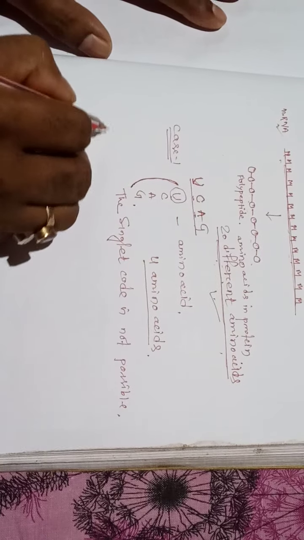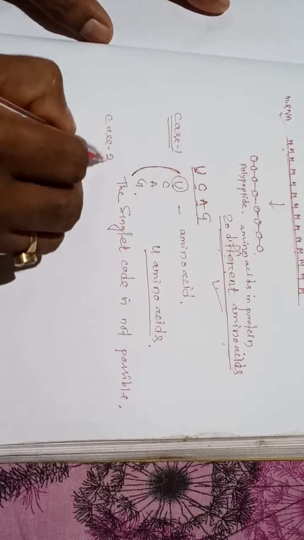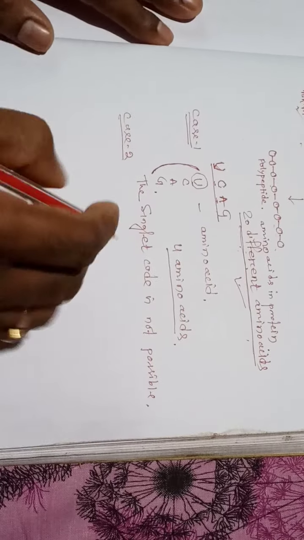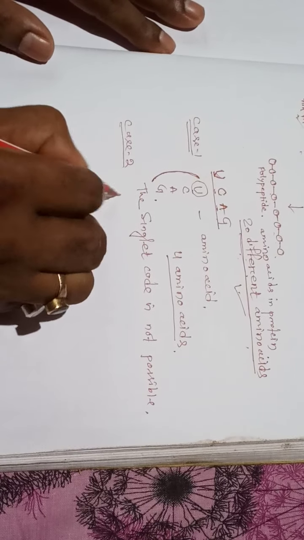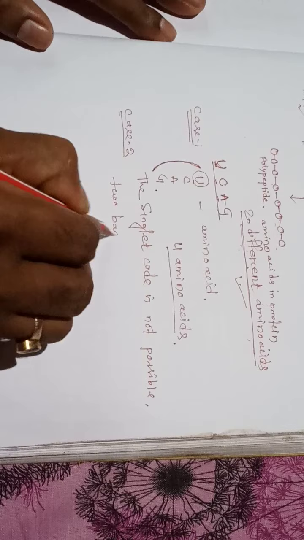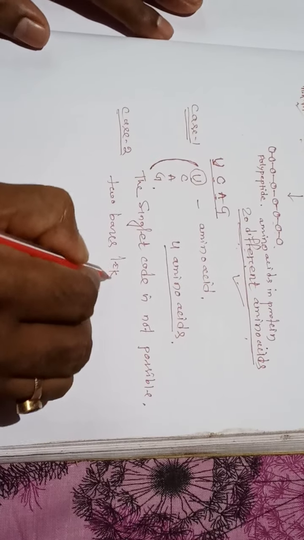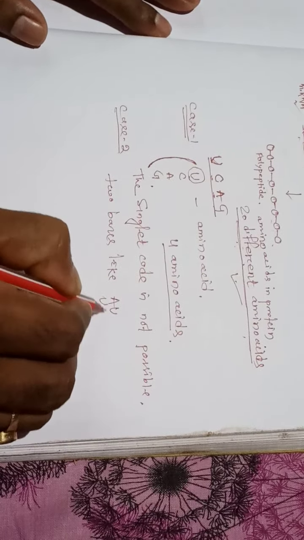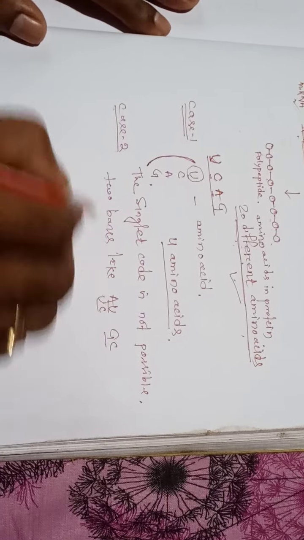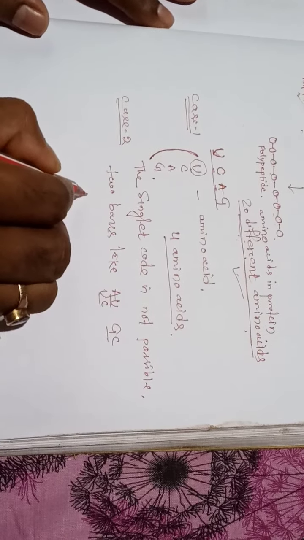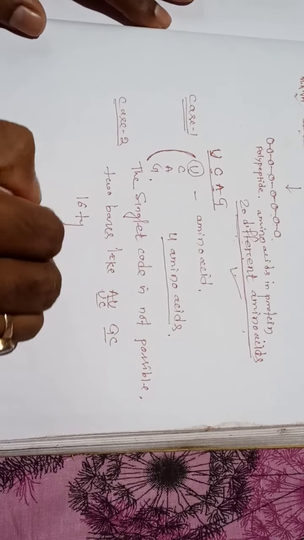Okay, now we'll take case 2. Here, we will combine 2 bases, a sequence of 2 bases like AU or UC or GC, in this manner. They will form 16 types of combinations.